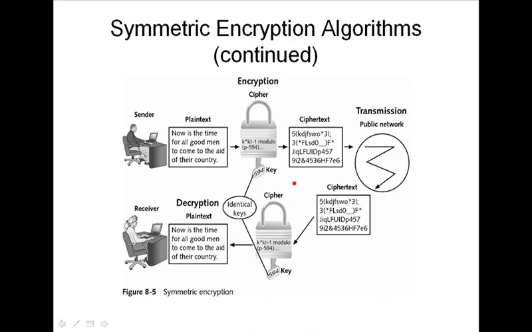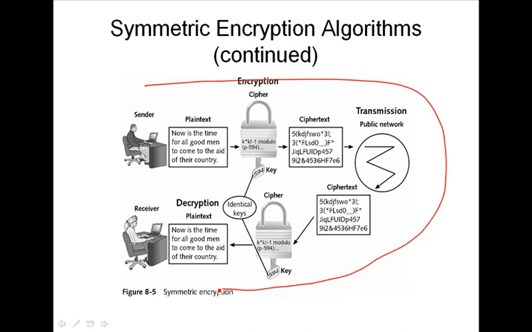So we've looked at almost the same graphic before, and again the flow goes this direction from sender to recipient. As before, we have a sender, we have some plain text that we feed into the cipher or the algorithm, along with a key. Again, the key is a number, and it's going to be longer than 594. So we get our ciphertext out, and we transmit the ciphertext across the public network.